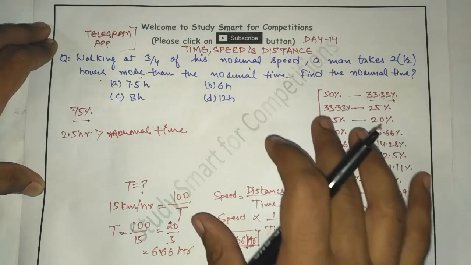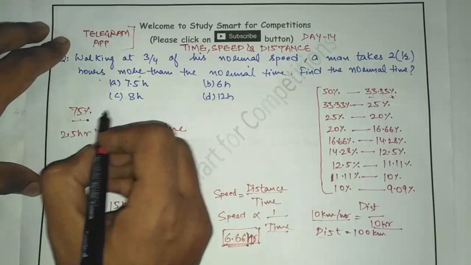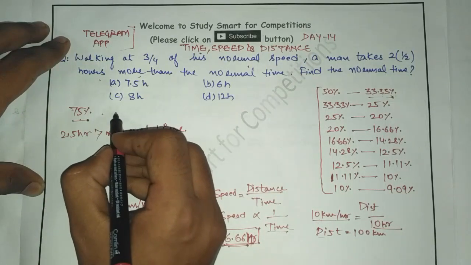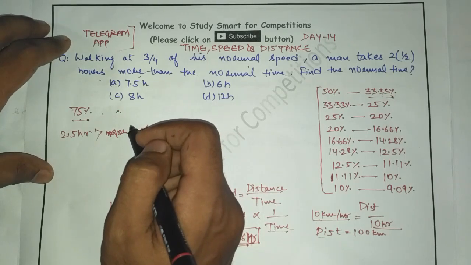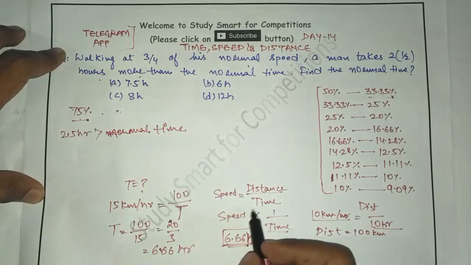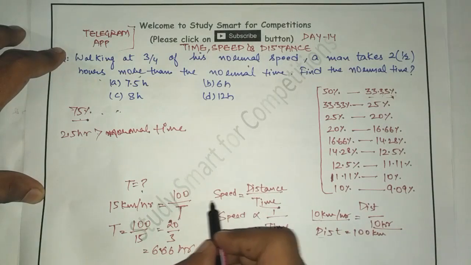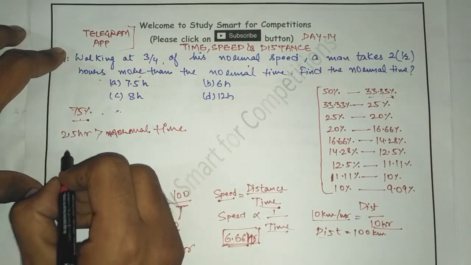So what we can predict here is that the speed has been decreased by 25%. You can just think that the time would have increased here, because if time increases, the speed will decrease.